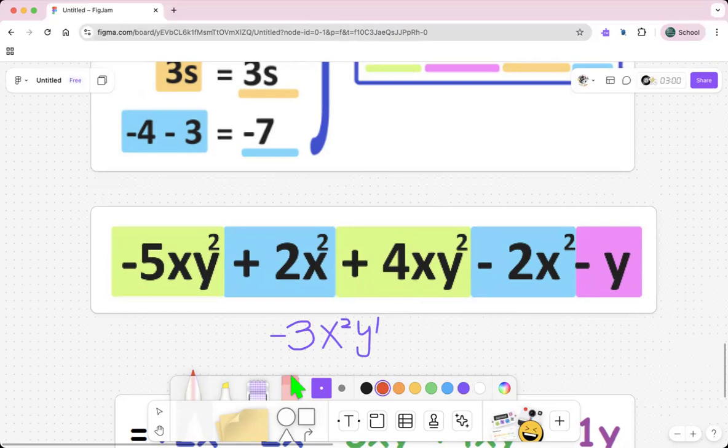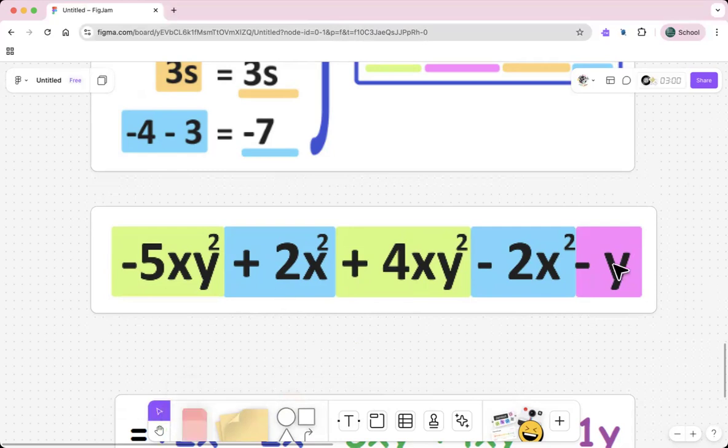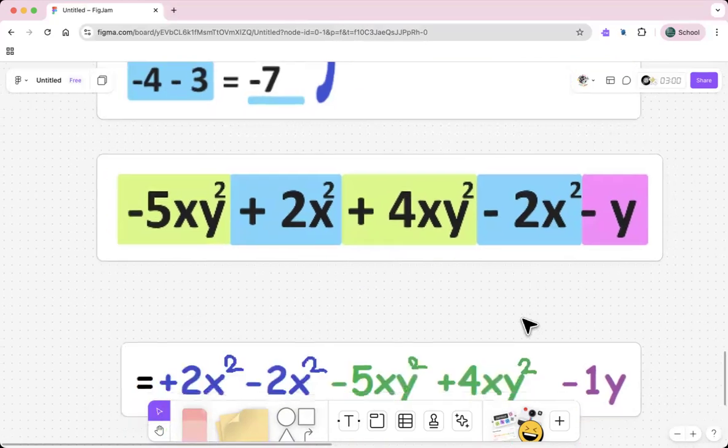That could not be combined because the x would have to be the power of 1 and y would have to be the power of 2 in order for it to be a like term with the greens. So that, in fact, is not a like term. Negative y is also not common with anything, so I'd have to keep it by itself.